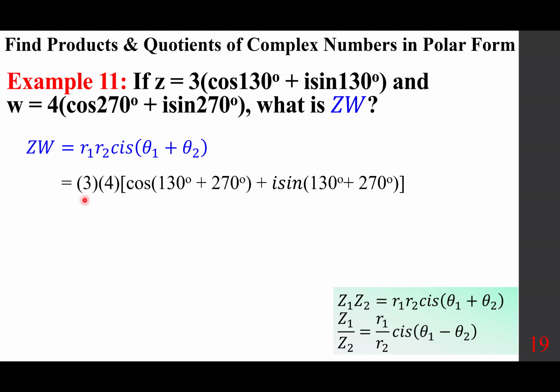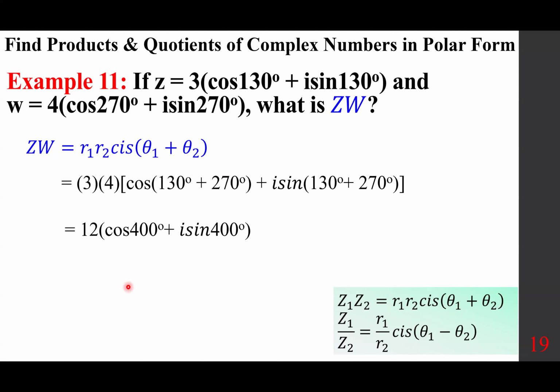So 3 times 4, cis 130 plus 270, or cosine of 130 plus 270 plus I sine of 130 plus 270. So they add up to 400 degrees. 3 times 4 is 12.